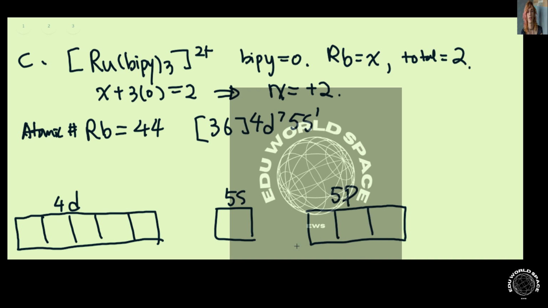All right, so 7 electrons in d orbital, 1, 2, 3, 4, 5, 6, 7, and 1 electron in s orbital.